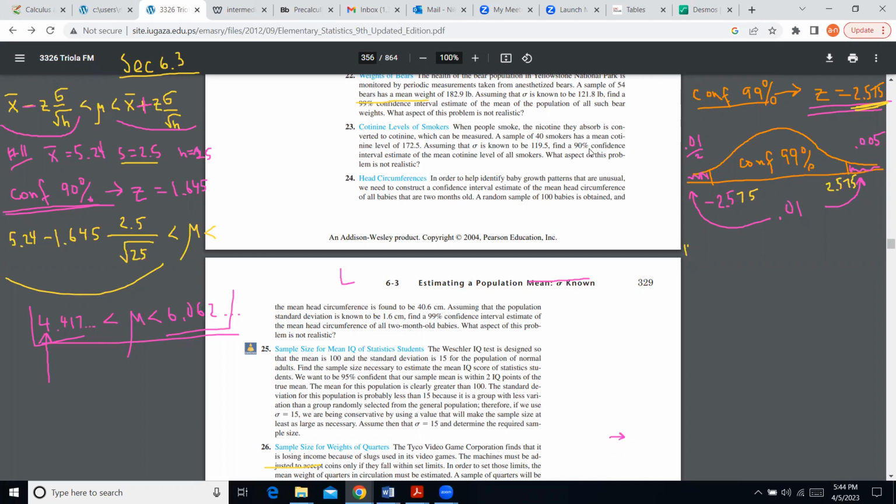So let's say in the nursery, they want to identify baby growth patterns that are unusual, so they considered 100 babies. The exercise works with a sample size of 100.